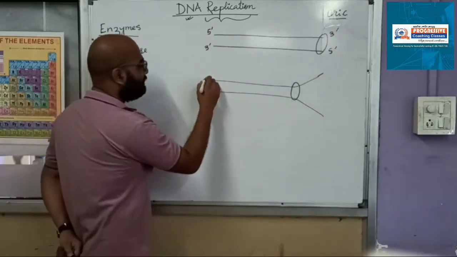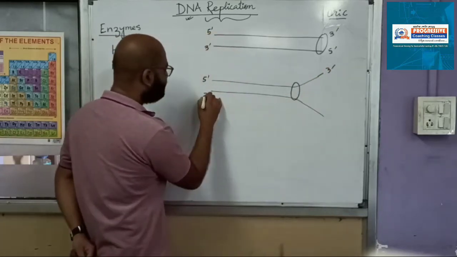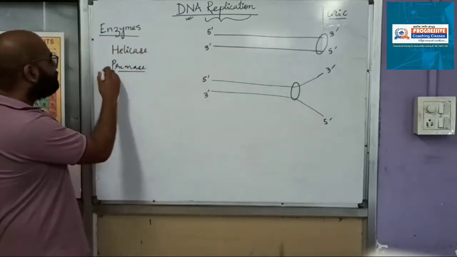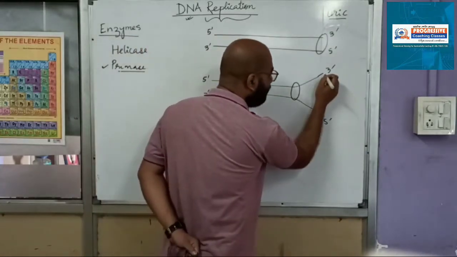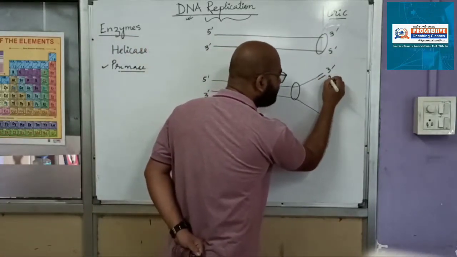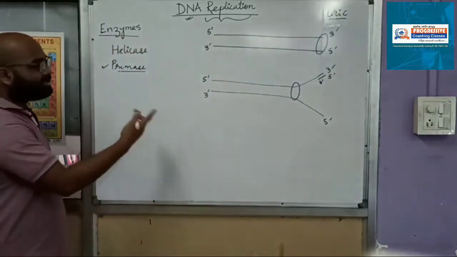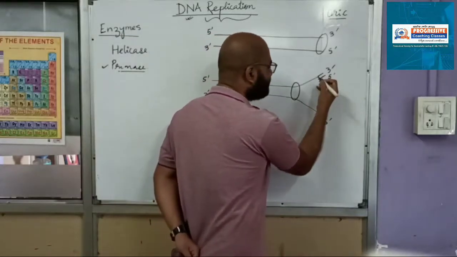That is, the two strands of the DNA molecule are always anti-parallel in fashion. And when the primase makes the primer, it also follows the same rule, that the primer is going to sit in an anti-parallel fashion. As I have already mentioned the function of the primer in our last class, I am not going to discuss those things again here.